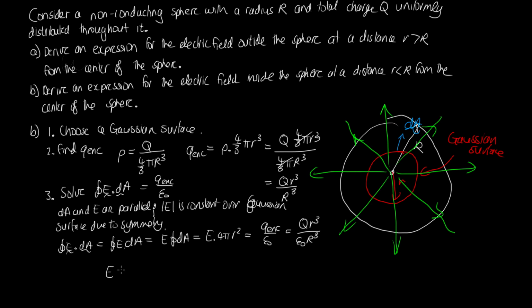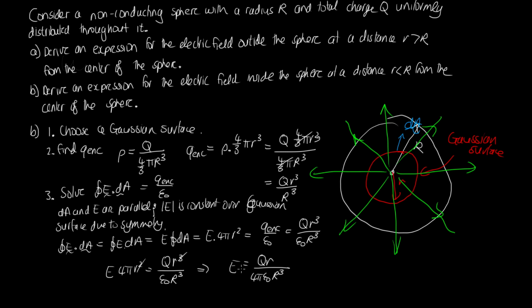We've got E times 4 pi r squared is equal to Q r cubed over epsilon naught R cubed. And so the r squared there will cancel with 2 of those r's there, and we can write this as E is equal to Q r over 4 pi epsilon naught R cubed. So that's our expression for the electric field.